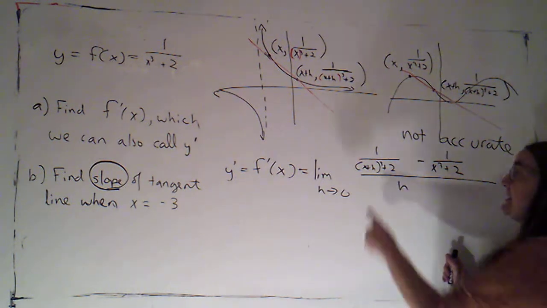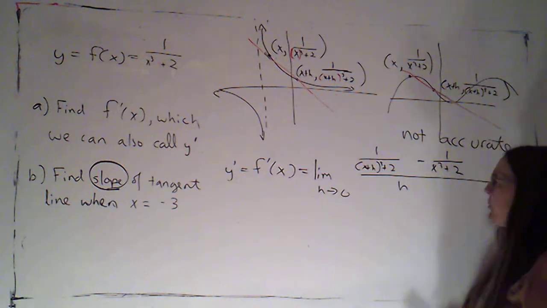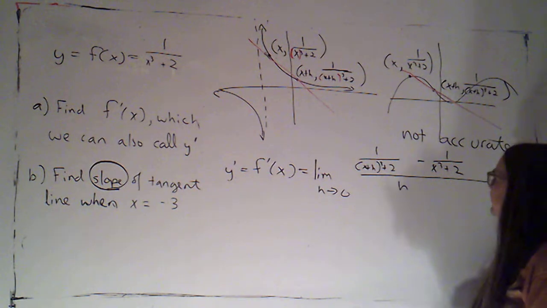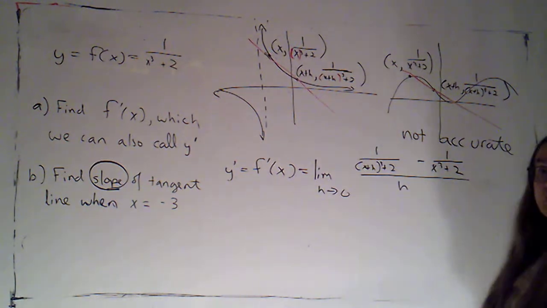Now, I am going to need to eventually multiply out x plus h cubed. I'm going to procrastinate on that just a little bit and do that a little bit later, although it would be perfectly acceptable to do it now.